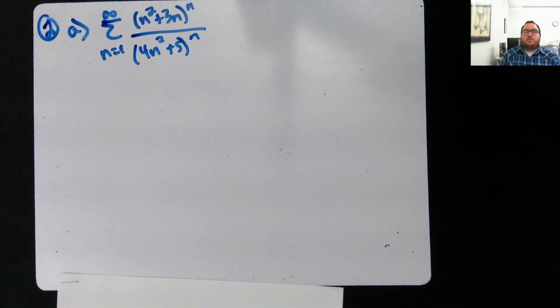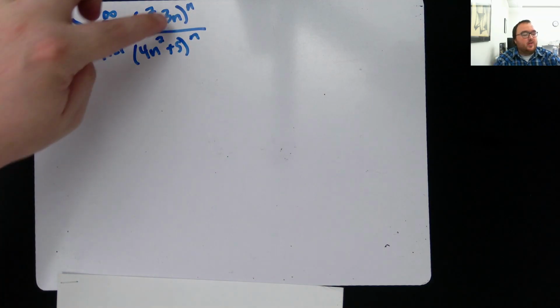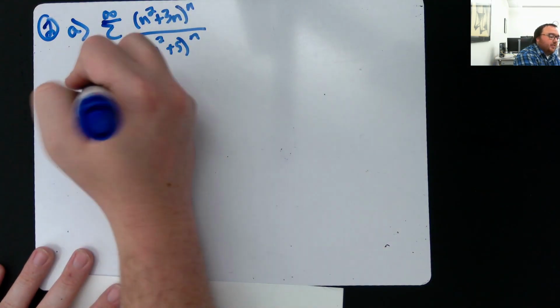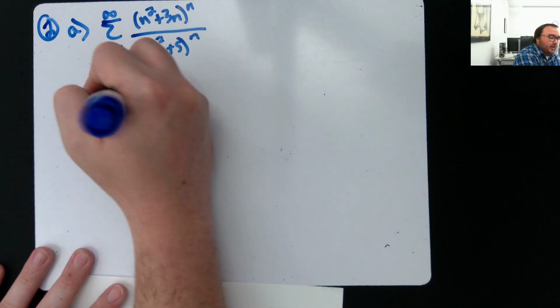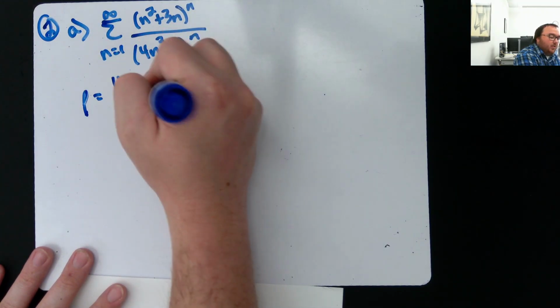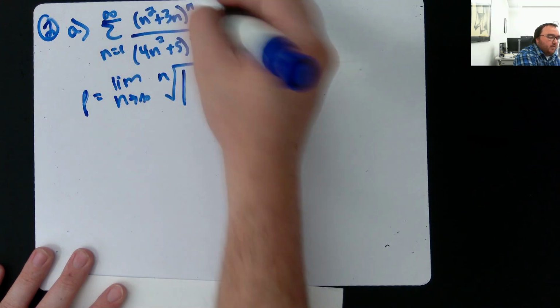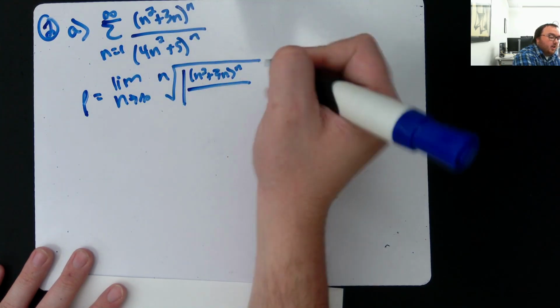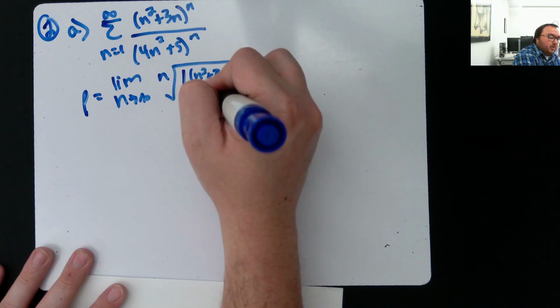So I know I want to use the root test because everything is raised to the n. So the root test says find rho, which is the limit as n goes to infinity of the nth root of the absolute value of everything.